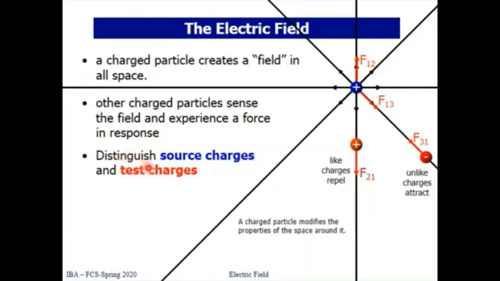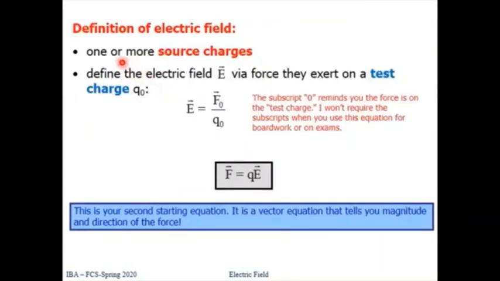In this scenario, you must distinguish the source charge and the test charge. Source charges are those charges already present in the space that produce the electrostatic field, and the test charge is the charge on which we intend to find the electrostatic force.